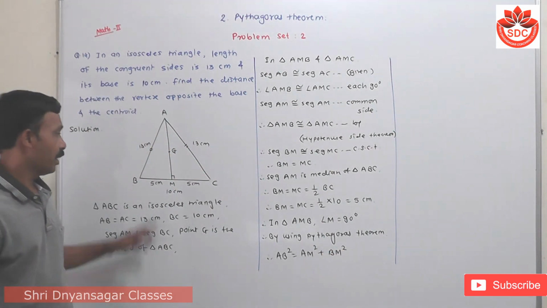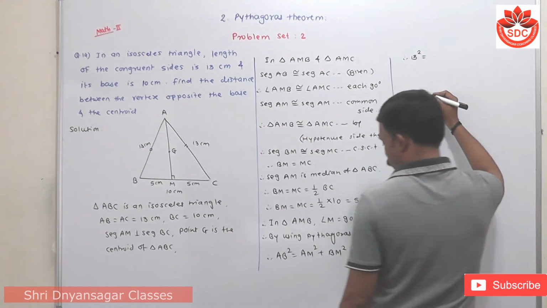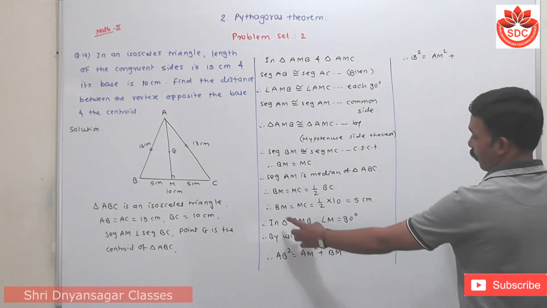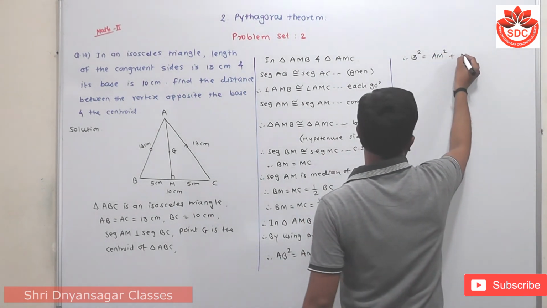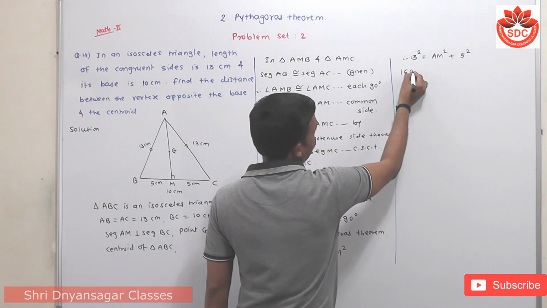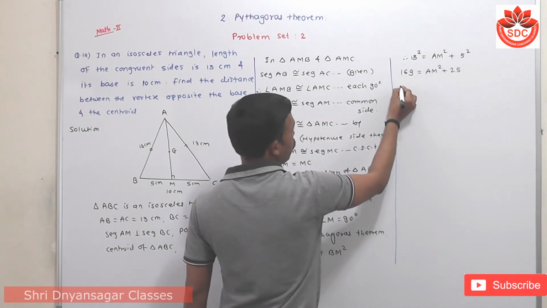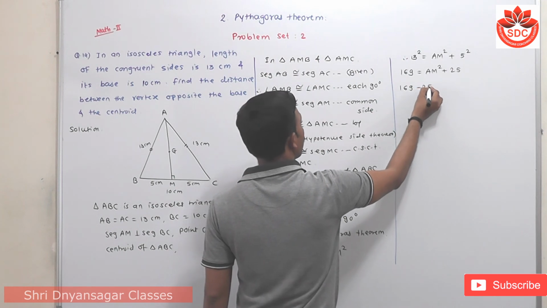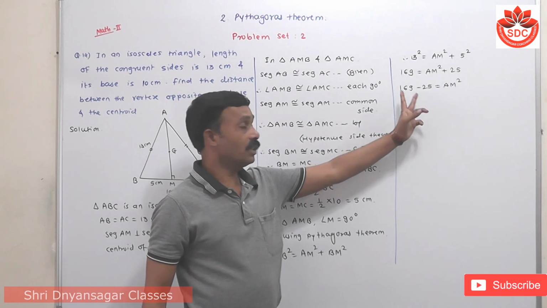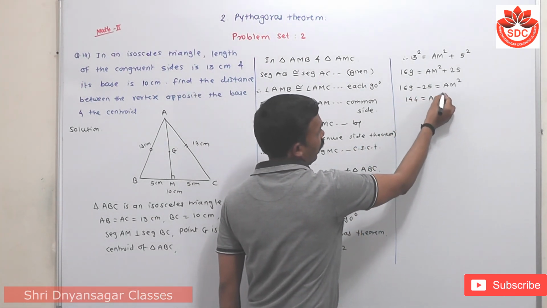Substitute the values: AB is 13, so 13 square is equal to AM square plus 5 square. 169 is equal to AM square plus 25. Transposing, 169 minus 25 is equal to AM square. The subtraction is 144 is equal to AM square.